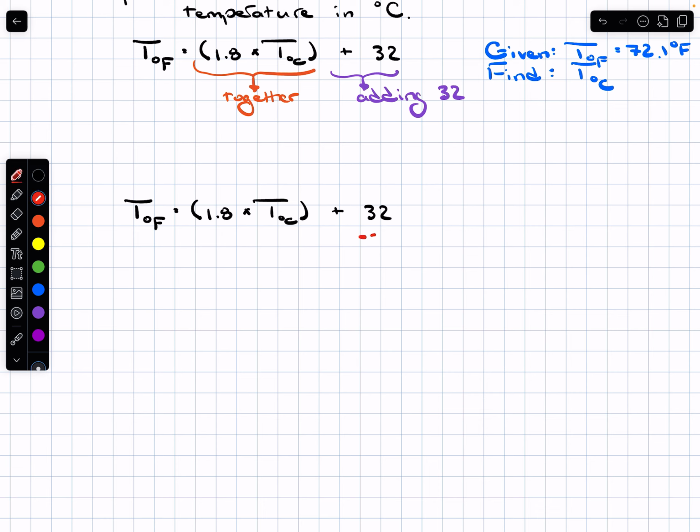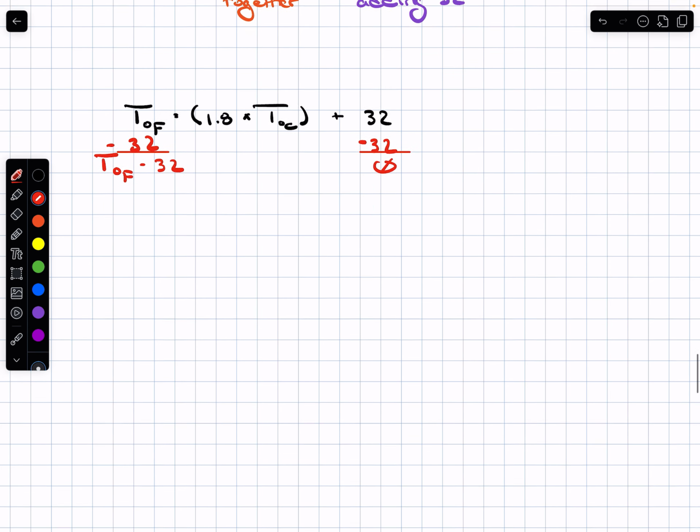So I'm going to subtract 32 from both sides of that equation. When I do that, I end up with that 32 gone on the right-hand side of the equation, and on the left-hand side, temperature in degrees Fahrenheit minus 32.